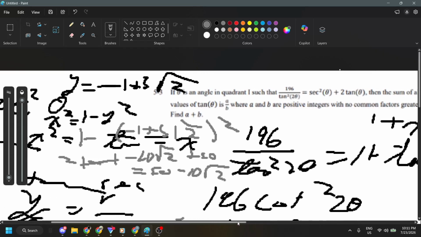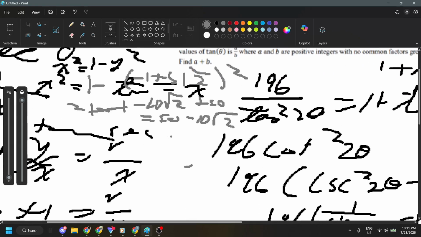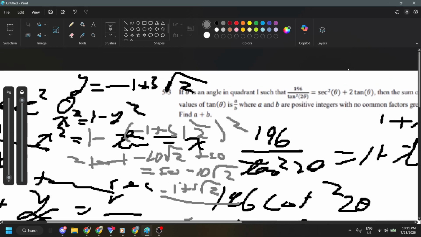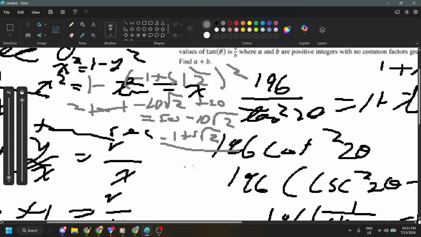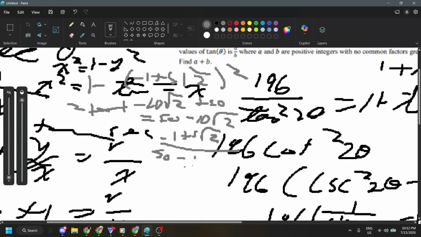The value of tangent of theta is y over x. So we get negative 1 plus 5 root 2 over, shoot, 50 minus 10 root 2.